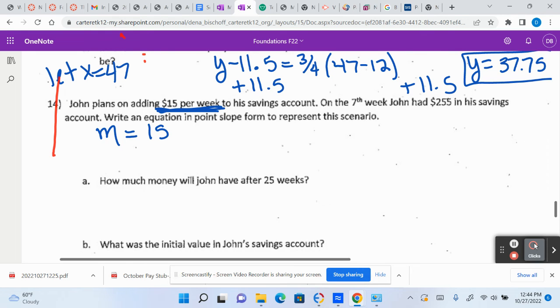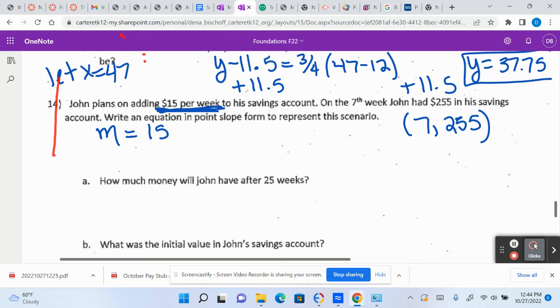That sounds like a what? It sounds like an ordered pair: 7, 255.